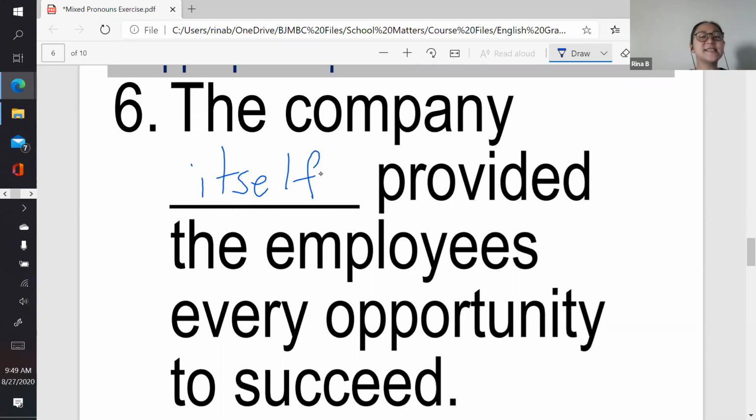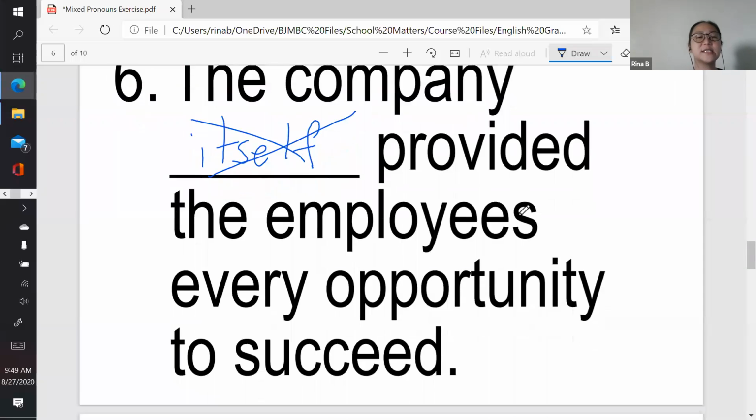Yeah, it's intensive, because even if we remove this from the sentence, the company provided the employees every opportunity to succeed, that's still going to be okay, right? And we did not say the company provided itself. So this is intensive. Next.